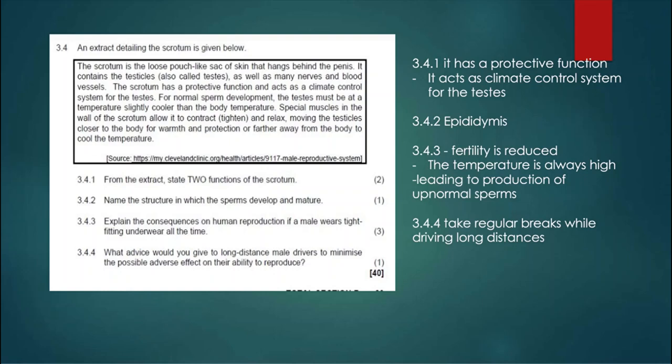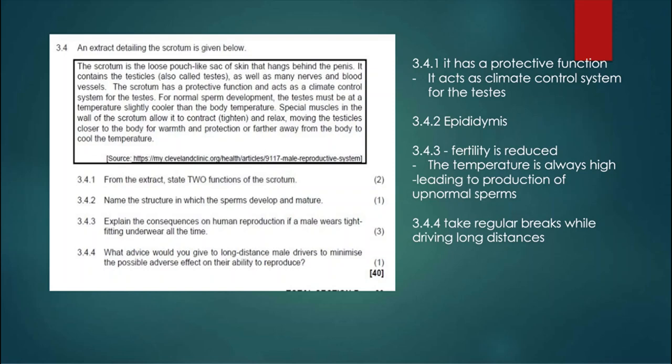The scrotum has a protective function and acts as a climate control system for the testes. For normal sperm development, the testes must be at temperature slightly cooler than the body temperature. Special muscles in the wall of the scrotum allow it to contract and relax, moving the testicles closer to the body for warmth and protection, or further away from the body to cool the temperature.